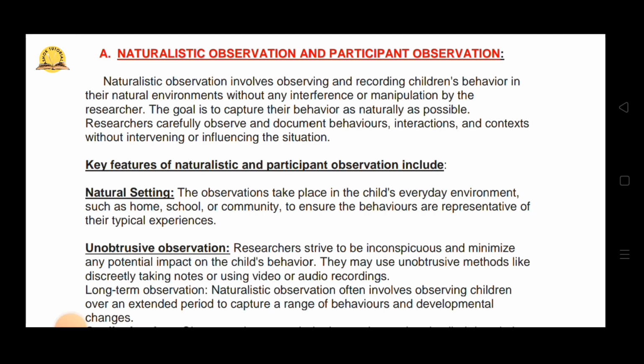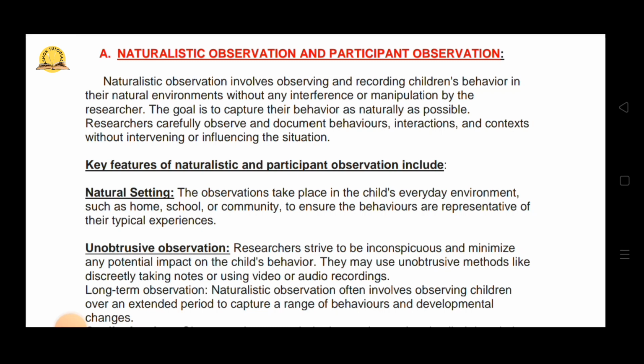So you just focus on how the child naturally behaves with friends, peers, teachers, elders, and parents, and how he or she interacts with the people around. You should not intervene, manipulate, or involve yourself directly in this child's study, which means that the child should not know that he or she is being observed.